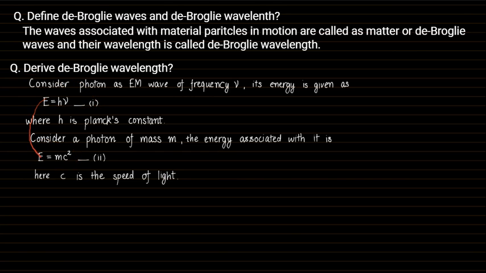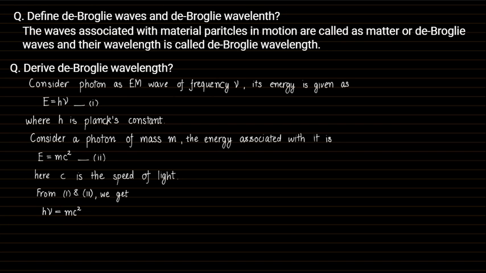Both are equations of energy. Therefore, from equation 1 and equation 2, I can equate the left hand sides, since both are equations for energy. Therefore, we get h nu equals mc squared.